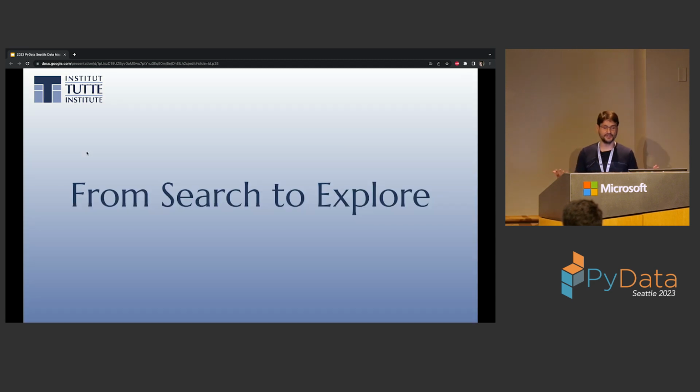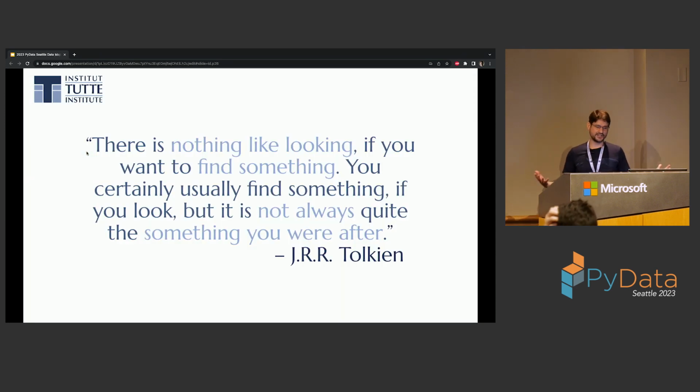Okay, so hopefully I've convinced you that this search mode powered by vector databases is both powerful and fundamental. But now I want to convince you that there's one more step that we'd like to take that can provide really powerful tools for data analysis and allow you to explore data in a much richer way. So it turns out that we're visual animals, and there's nothing like looking for finding things.